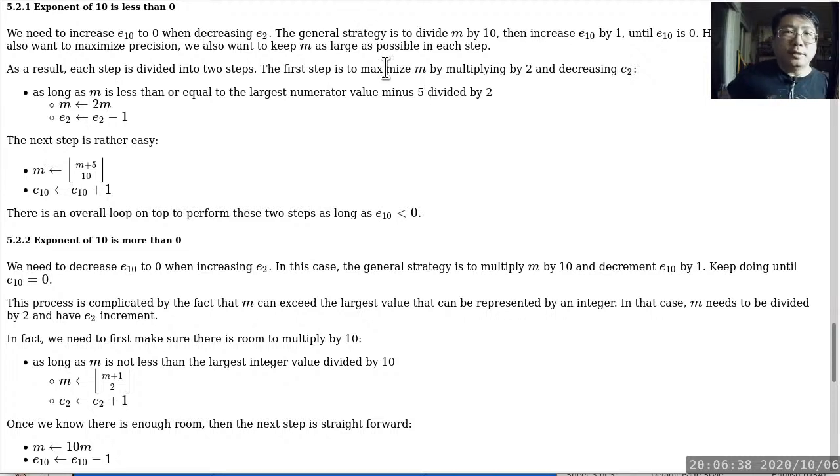The minus 5 is necessary because the first thing we are going to do is to add 5 to M. So actually it should be the largest numerator value divided by 2 minus 5, because we're adding the 5 first. So we have to change the way we express that. Yep, okay, so let me change the notes here. Not that most numbers would actually break because of that, but I think it is good for me to fix the notes when it is wrong.